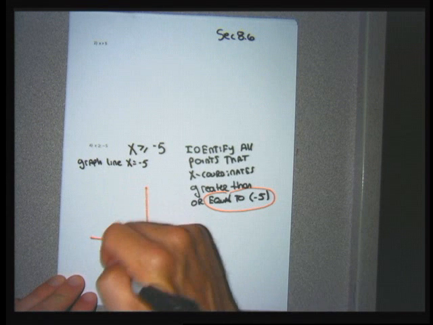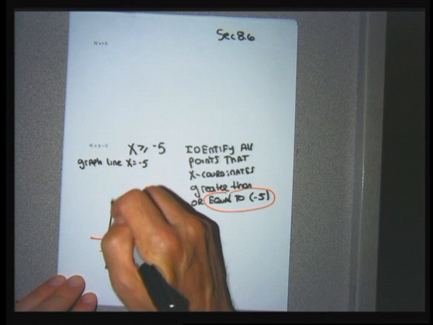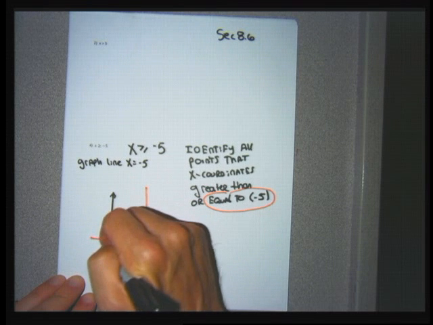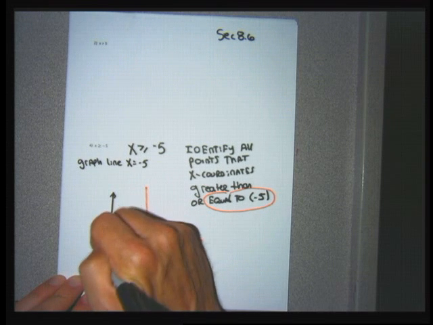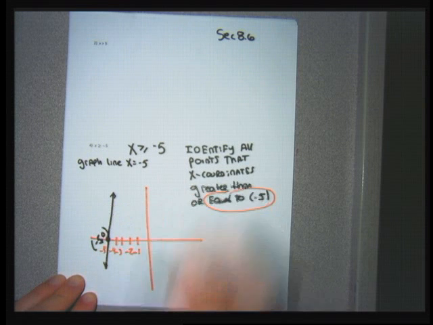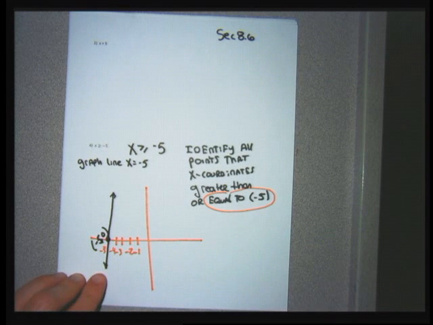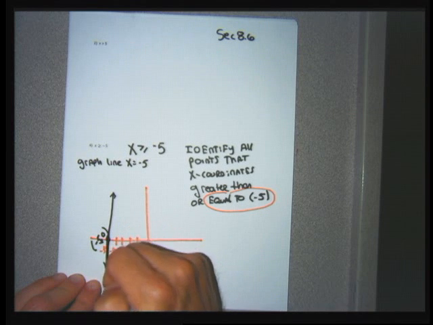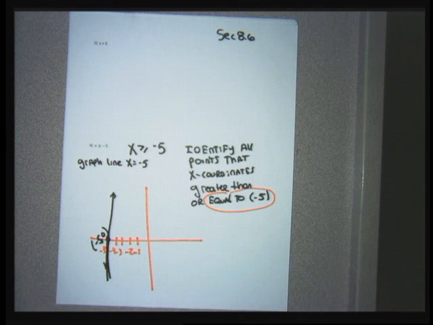And this would be identifying all the points that have x coordinates equal to -5. Its x-intercept was the point -5, 0. It's supposed to be a perfectly vertical line as opposed to a slanted line, but it didn't kind of turn out that way when I graphed it.